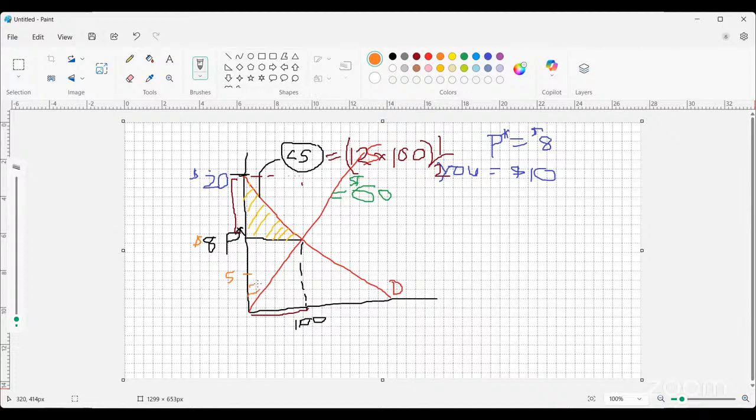If you calculate all the areas of value here, we call that producer surplus. Now you can see the market creates the consumer surplus and the producer surplus.